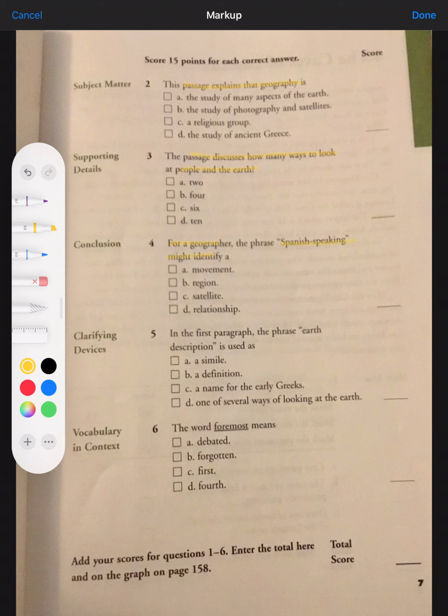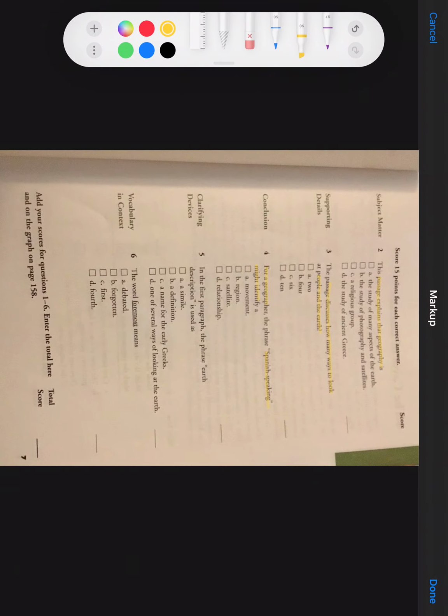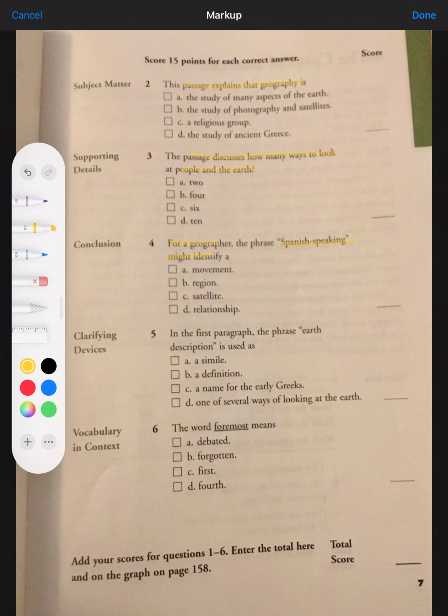Number 5, in the first paragraph, the phrase earth description is used as a simile, definition, name for the early Greeks, or one of several ways of looking at the earth. So please circle first paragraph, and then earth description is used as.